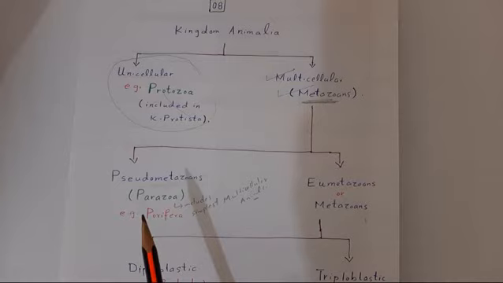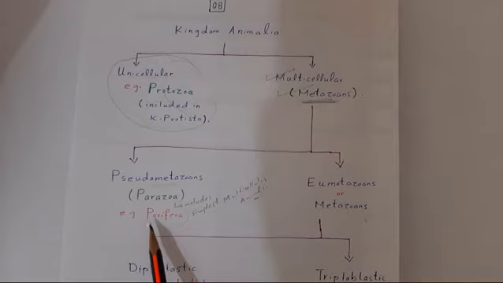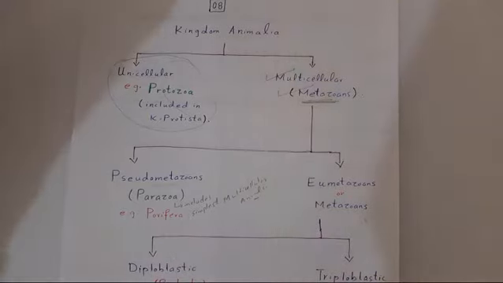The only phylum included in this group, the parazoa or simplest multicellular animals, is phylum Porifera, also known as sponges.